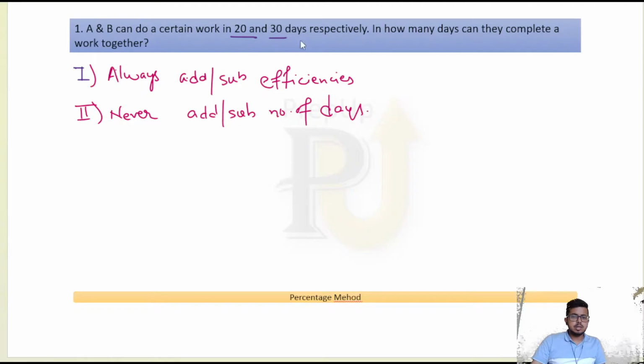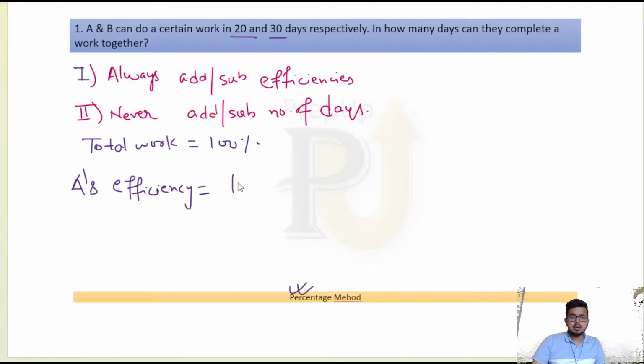Now 20 and 30 days, how can we do this? We are applying the percentage method. We would be taking the total work as 100%. So what would be A's efficiency? That is, how much work would A do in one day? A's efficiency would be 100% upon 20 days.